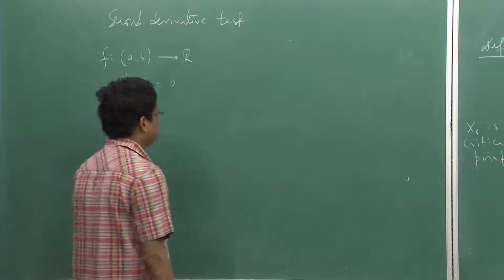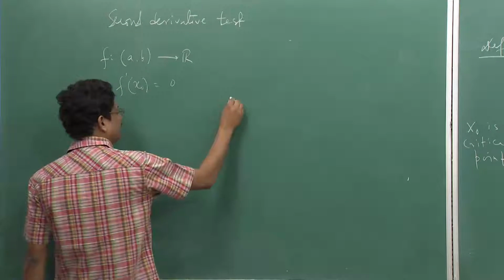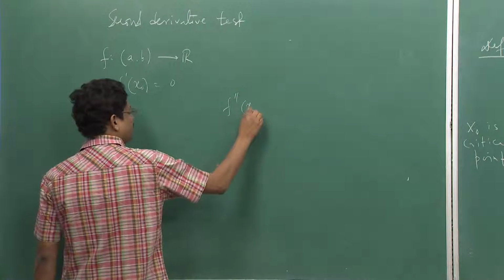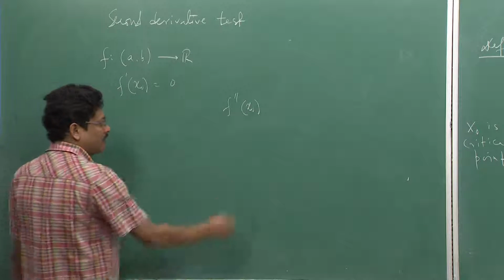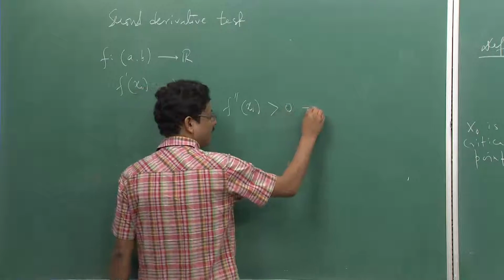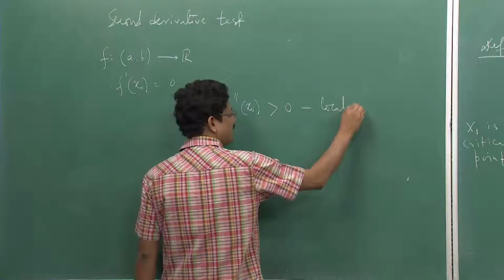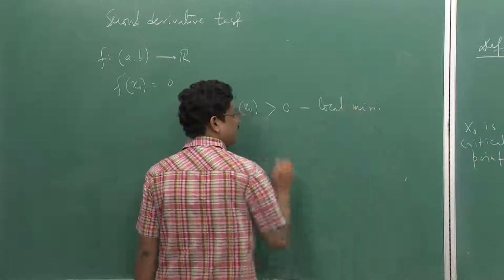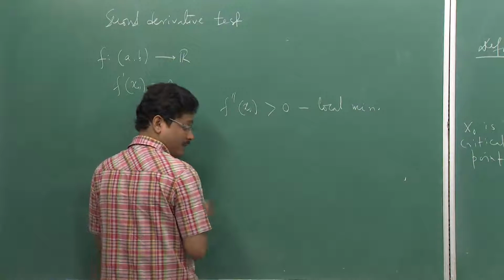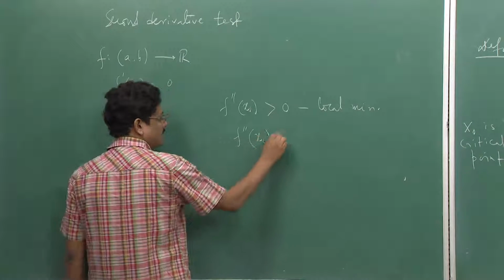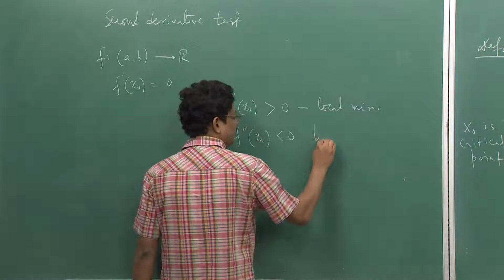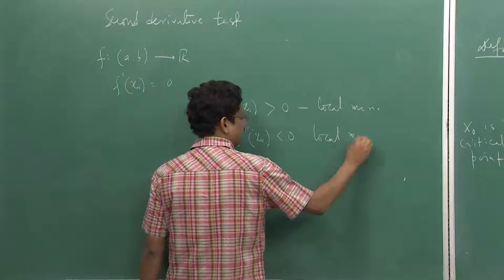Then you look at f double prime of x naught. If it is greater than 0, you say it is a local minima, right. I am recalling what you have done already in one variable. If it is less than 0, you call it a local maxima.